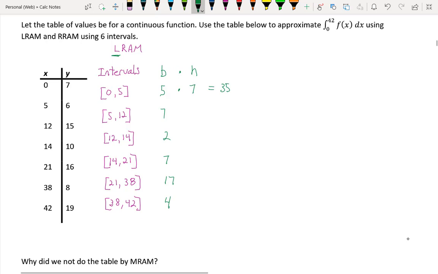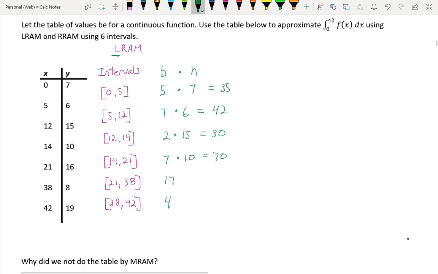The next interval from 5 to 12, I need the height on the side of 5. That height is 6. The y value is 6. So that's times 6. That's 42. The next one, the height at 12 is 15. So that's going to be 30. The next interval, I need the height at 14, which is 10.